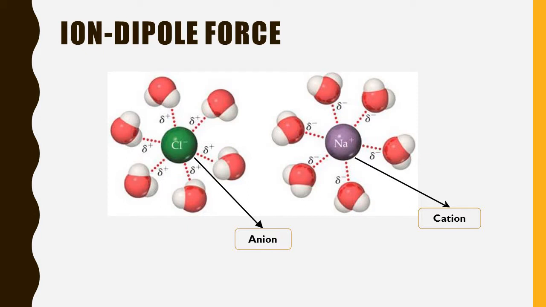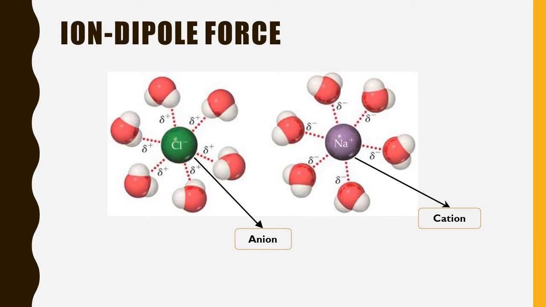An anion is an atom that has gained valence electrons and is negatively charged. So, knowing that a dipole molecule has a slight charge on either side and that ions have charges, either negative or positive, you can understand how these would bond together.